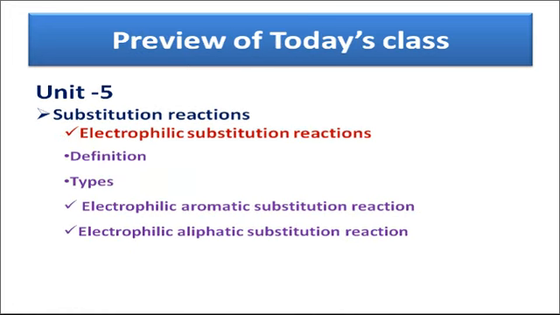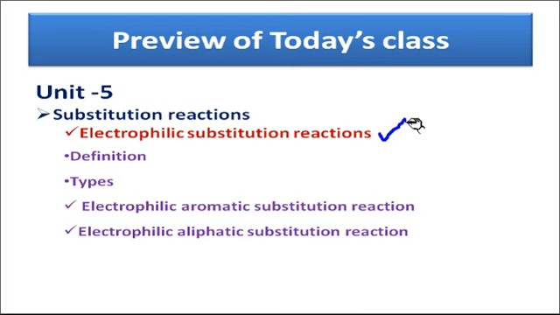In today's class, we are going to learn about the electrophilic substitution reactions. Remember one thing, that we have discussed that the substitution reactions are broadly classified in three categories: nucleophilic substitution reactions, free radical substitution reactions, and the electrophilic substitution reactions. In our previous lectures, we have completed the nucleophilic as well as the free radical substitution reactions.